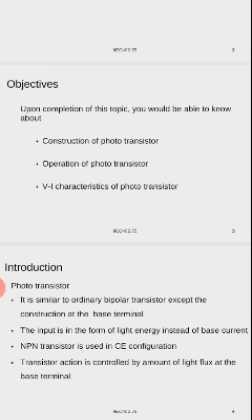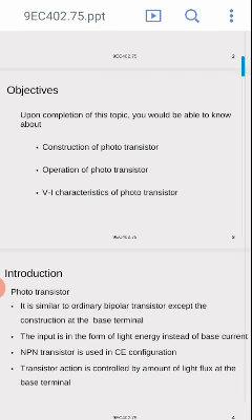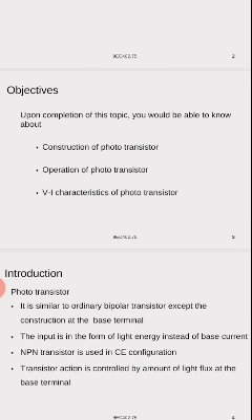And photo means it is light energy. When light falls on the transistor, its operation starts. Hence it is called a phototransistor.